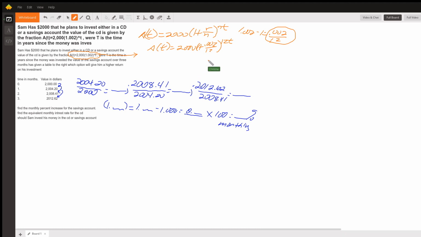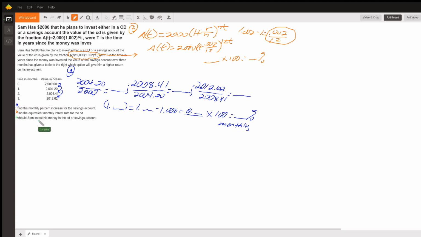And then if you take that and multiply it by 100, that's going to give you that particular percentage. So this will be your part B, and this was your part A. And then let's make green C.